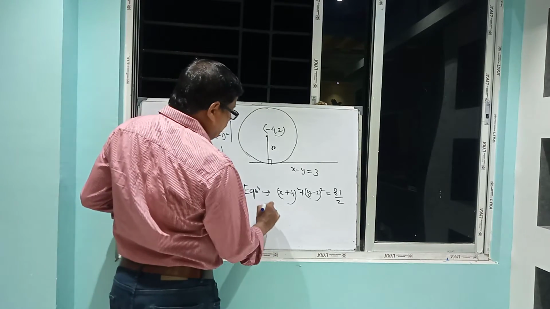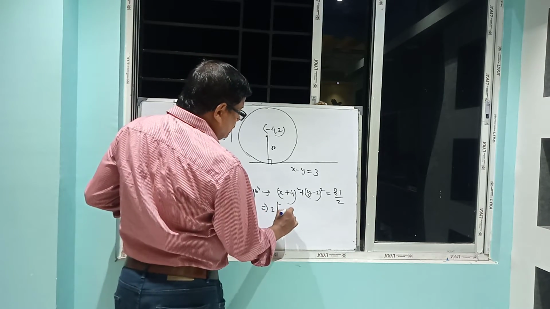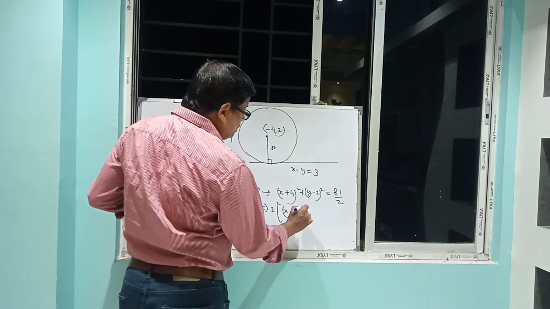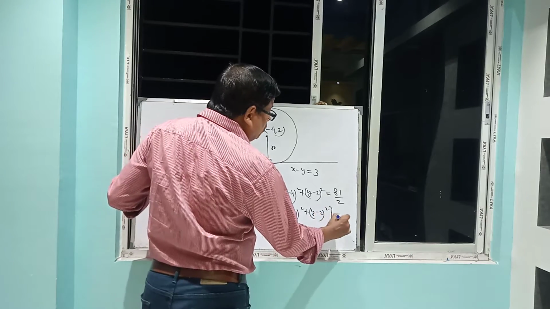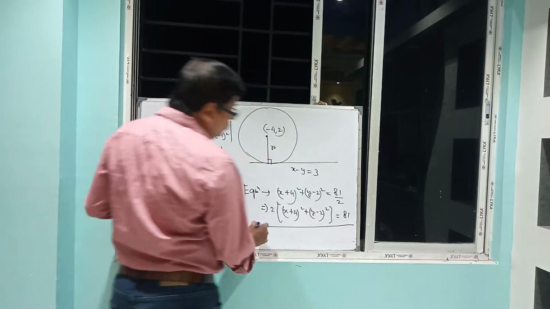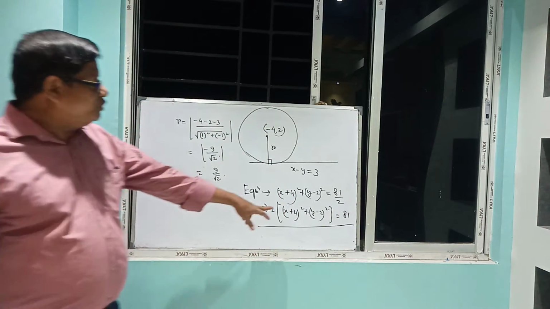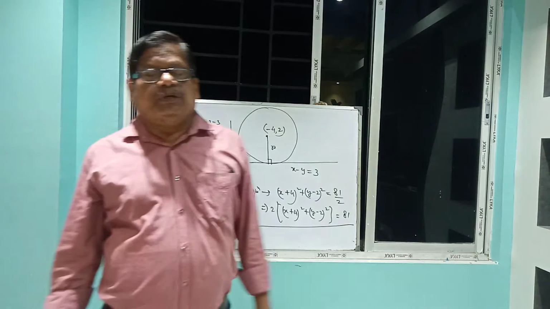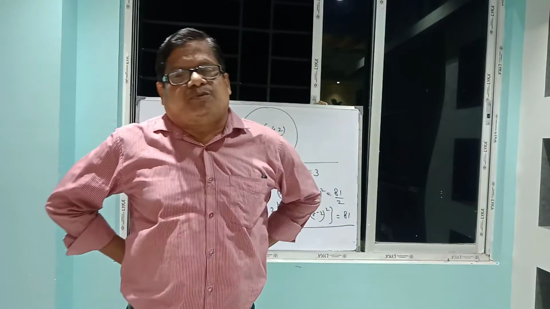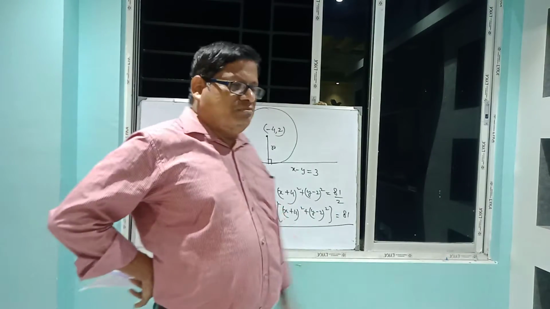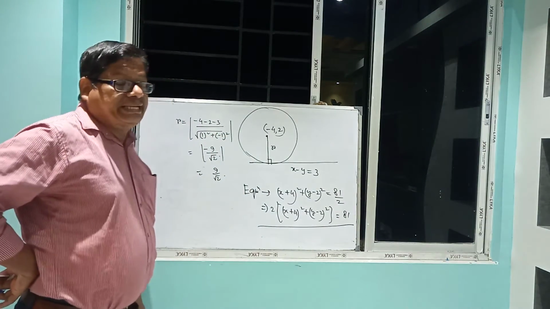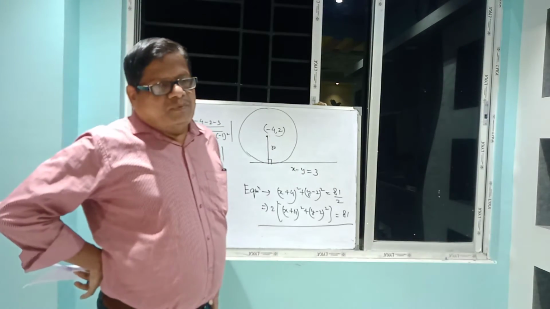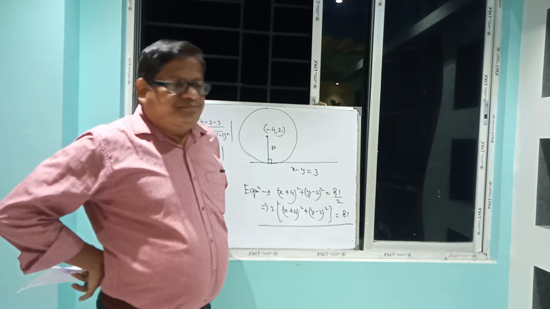Now multiply by 2: x plus 4 whole square plus y minus 2 whole square equal to 81. This is the equation of the circle. All of you know the a plus b whole square and a minus b whole square forms, so just expand this one. Understood? So keep in mind the tangent property here. Okay?